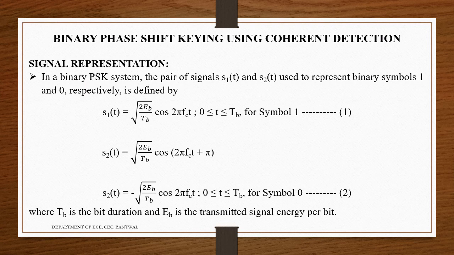Now, what is this BPSK? As I told before, we are using coherent detection. In coherent detection, we'll be dealing with BPSK, QPSK, and FSK. In terms of non-coherent detection, we'll be dealing only with FSK and DPSK.